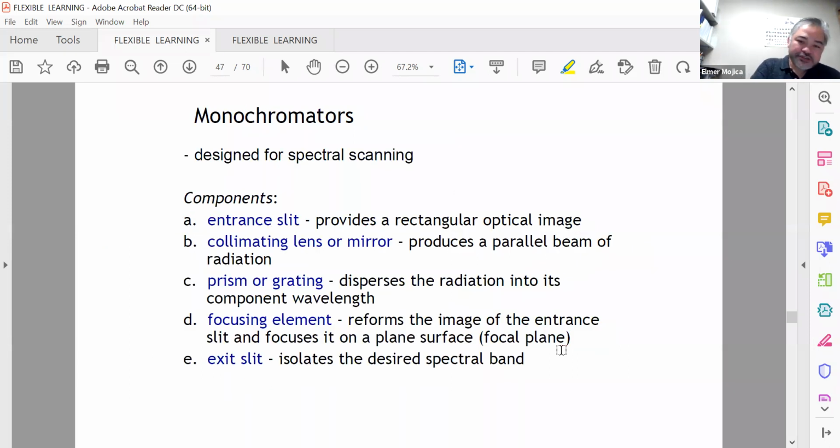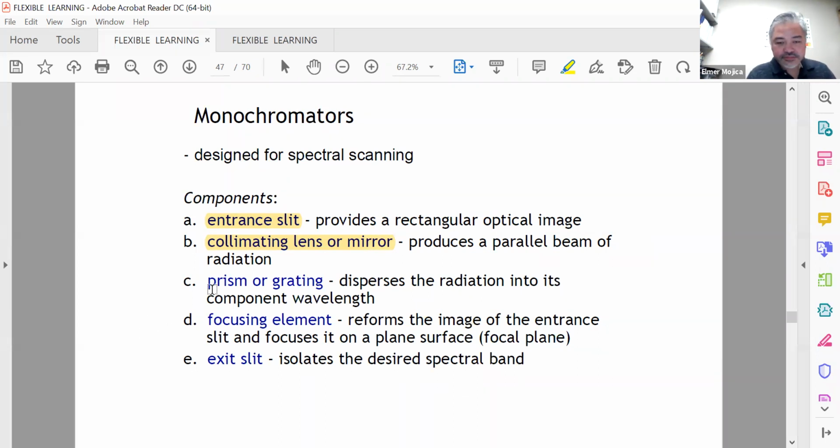Now for the monochromators, these are designed for spectral scanning. And if you're going to look at this, there are still components within the monochromators. There's an entrance slit and a collimating lens or mirror. The entrance slit provides a rectangular optical image. The collimating lens or mirror produces a parallel beam of radiation.